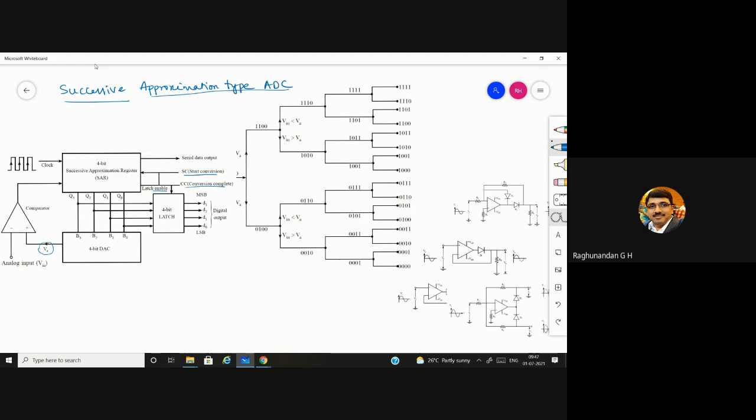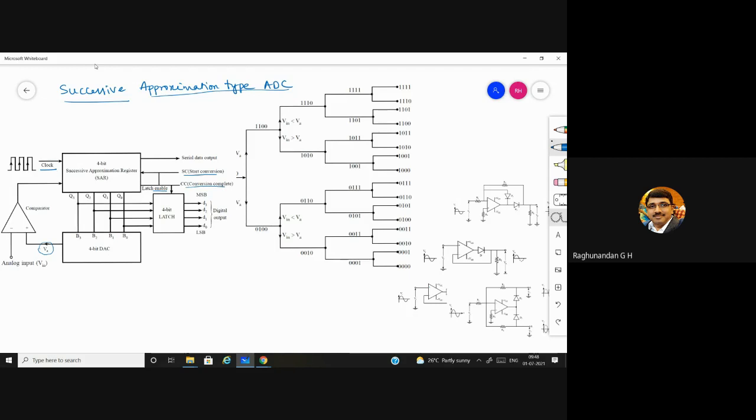Let us understand the working of this. For this SAR we need a clock signal. Whenever the clock signal goes high, the SAR is activated and starts the conversion process. That means for every conversion at each stage, a clock pulse is necessary. If it wants to go from one state to the next state, a rising clock pulse is necessary.